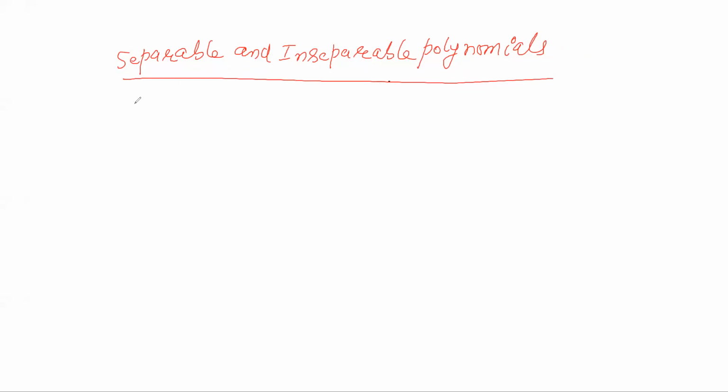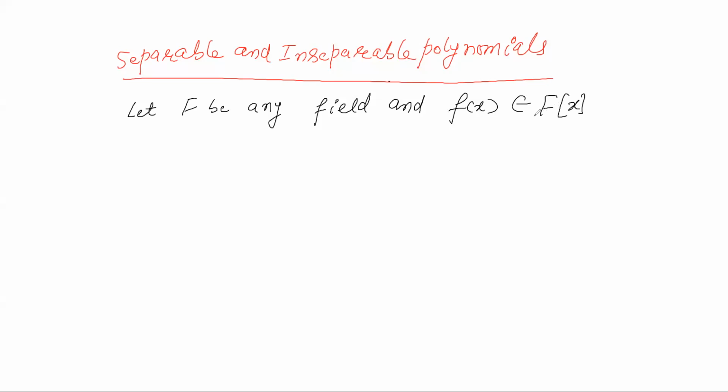Now let F be a field. Let F be any field and f(x) be any polynomial in F[x] with coefficients over this field. Let us assume that the leading coefficient of f(x) is a_n.